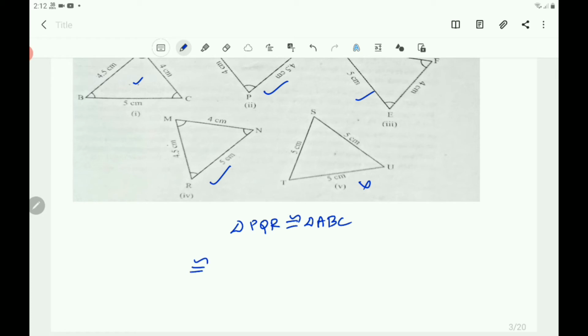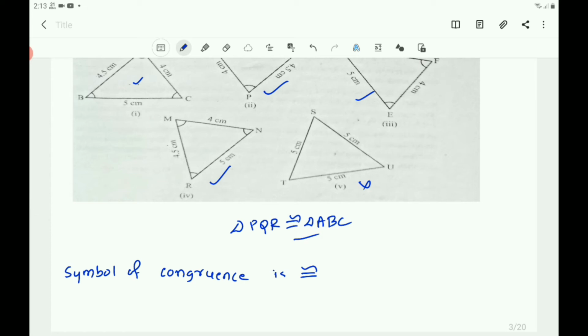This is the symbol of congruence. So here we wrote that triangle PQR is congruent to triangle ABC.